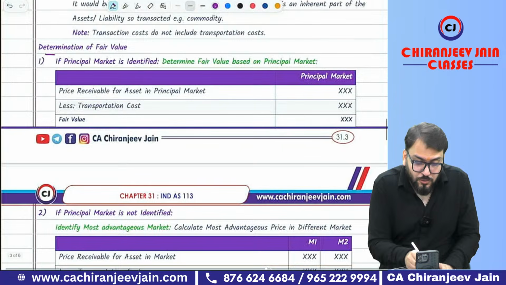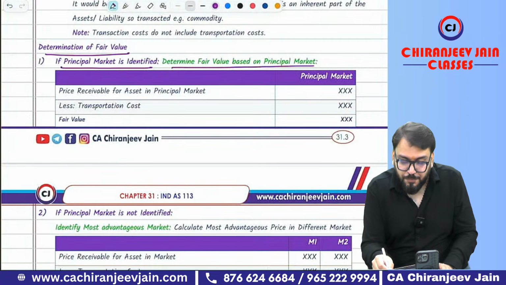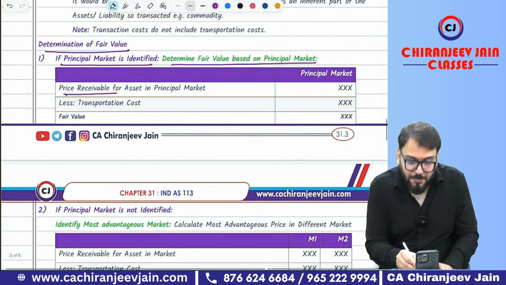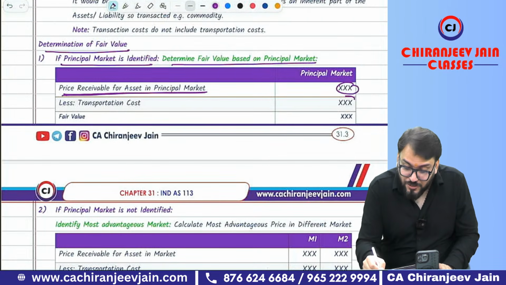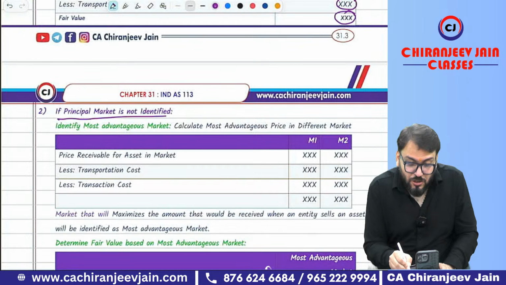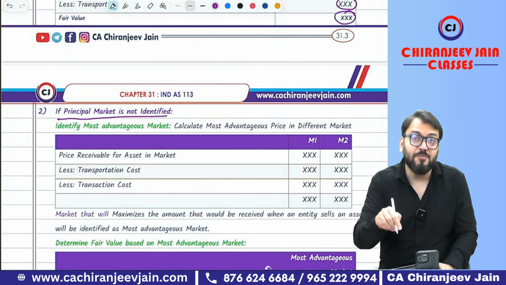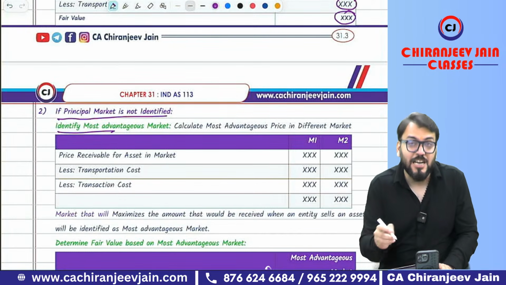Correct. Now, how to determine the fair value? If the principal market is identified, determine fair value based on the principal market: the price receivable for the asset in the principal market, minus only transportation cost, that becomes fair value. But if the principal market is not identified, first we need to identify the most advantageous market. For that we need to find the most advantageous price.